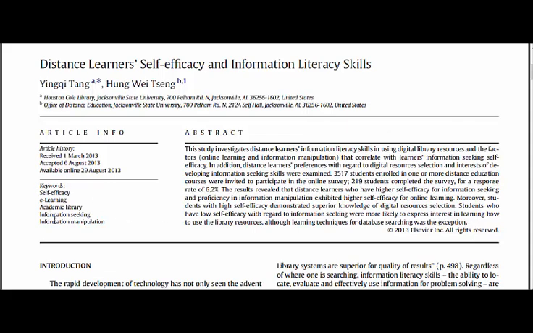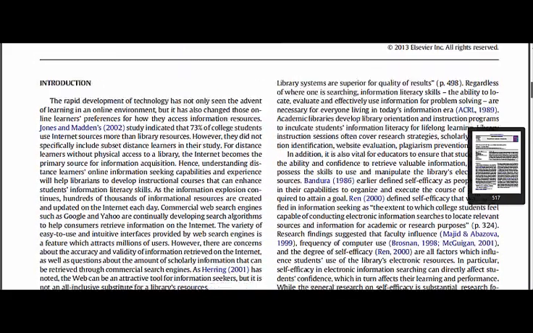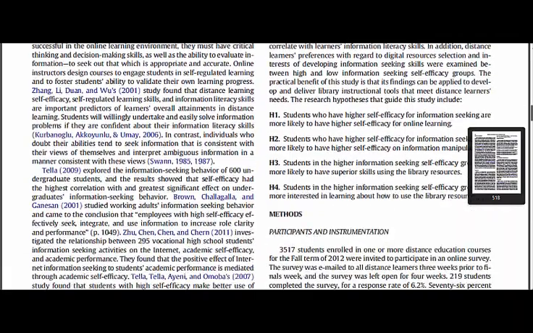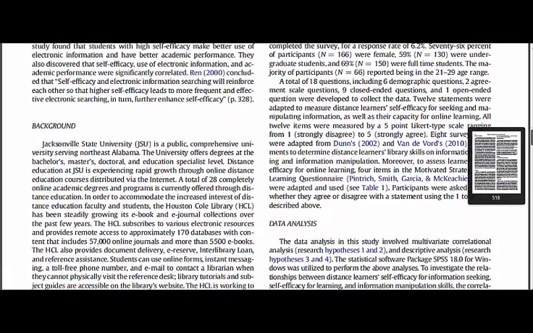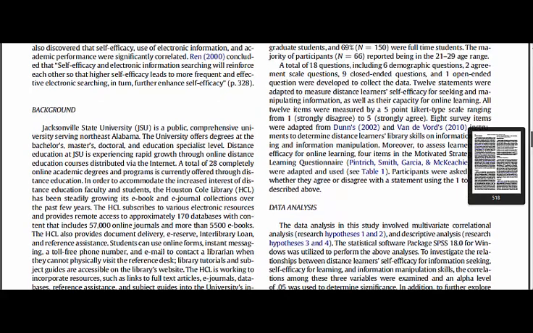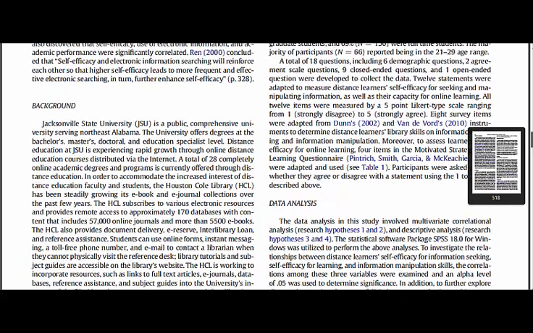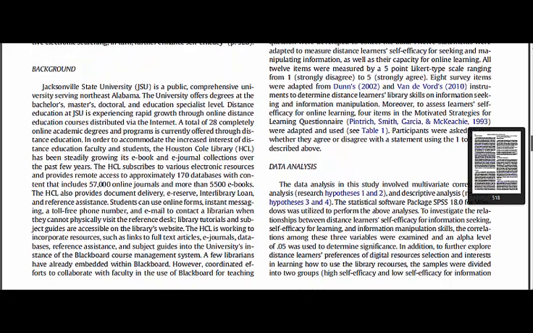It also provides keywords. The article discloses the research methodology, including how data has been analyzed.